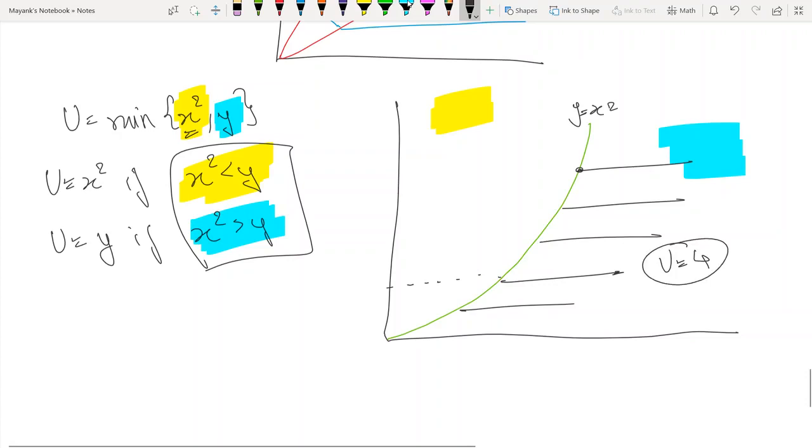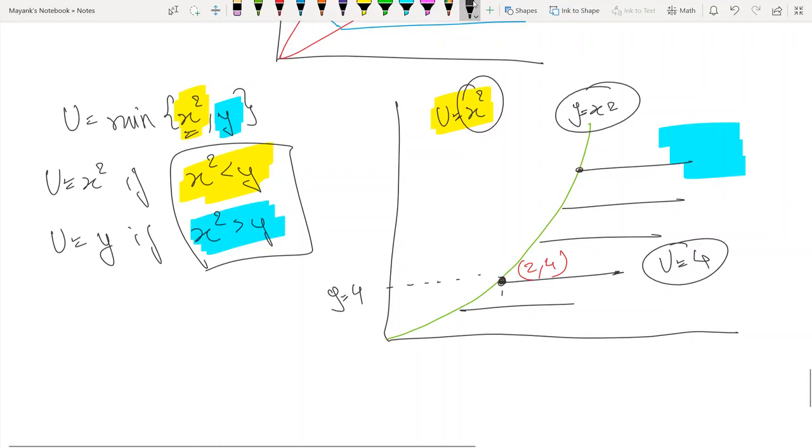What is this point? x square equals y. So what is x? 2. So 2 comma 4, since x square is equal to 4. So this is your y equals 4 line, and this point is 2 comma 4. Now here your utility is equal to x square.